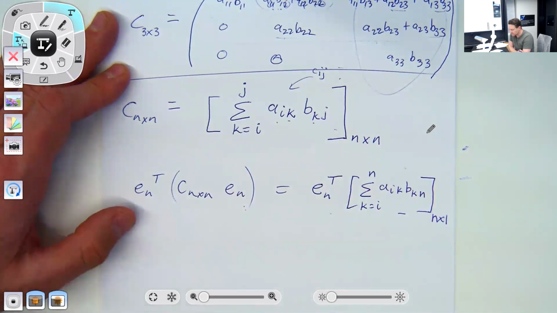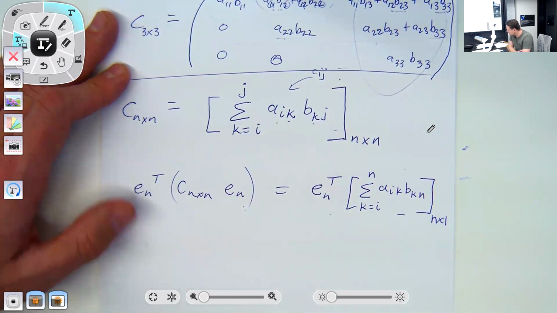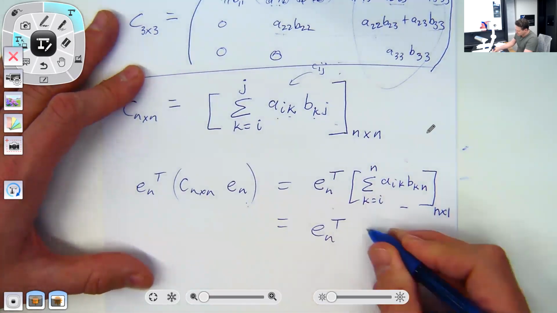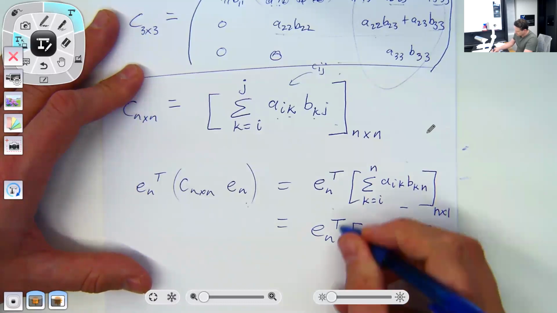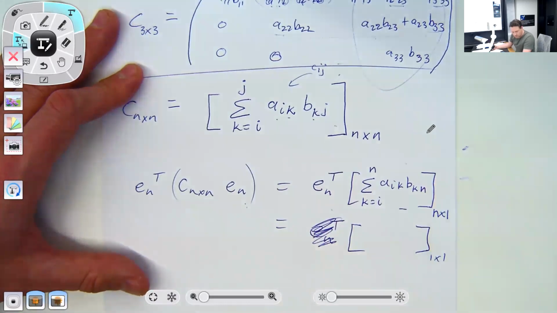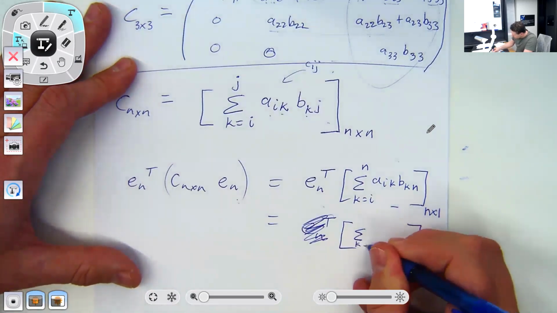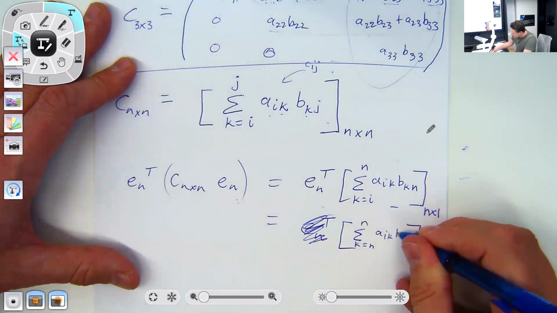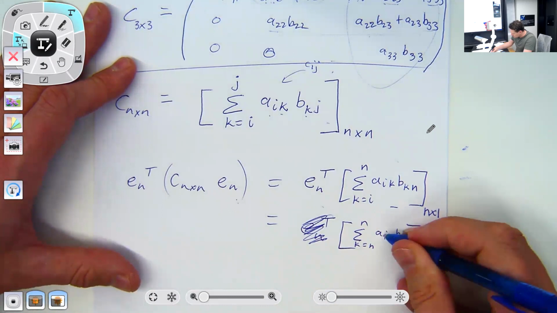And the last row of this has I equal to n, all right? So I'll just rewrite this. So this is 1 by 1. Oh, hang on, I don't need that one because I'm assuming that I've multiplied this, okay? So the sum goes from k equals n up to n, Ank, Bkn. Sorry, that's an n there in front as well.